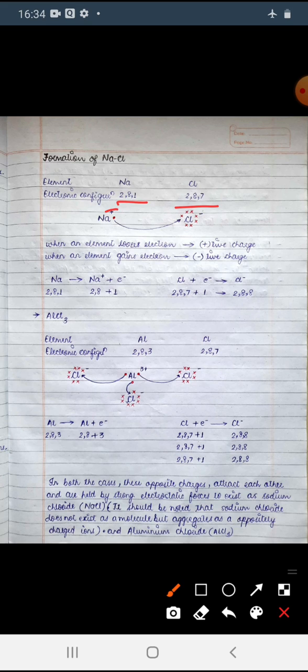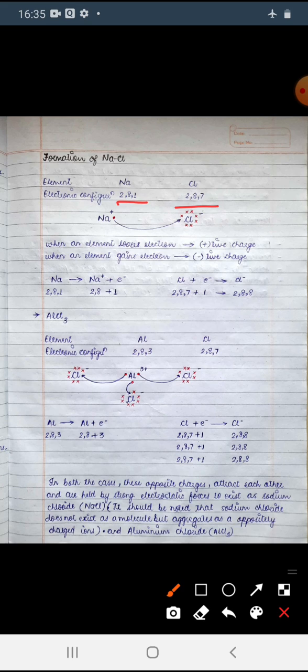Okay. One positive charge will be there and chlorine will gain that one electron and it will gain one negative charge. Means here sodium will get converted into sodium cation and chlorine will get converted into chloride anion. Okay, so the charge depends on losing and gaining of electrons.